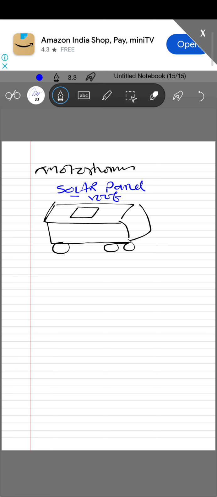And this is again connected with the battery here.